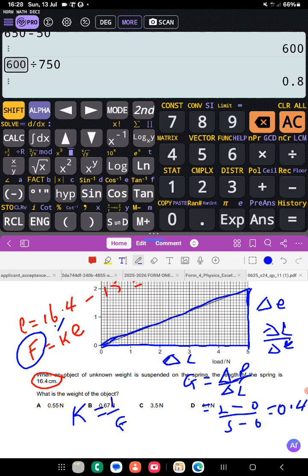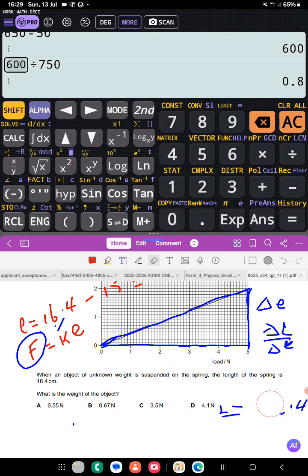So in this case it will be 1 over 2 over 5, which is the same as 5 over 2, which is 2.5. So then you go ahead to substitute 2.5 into the equation.